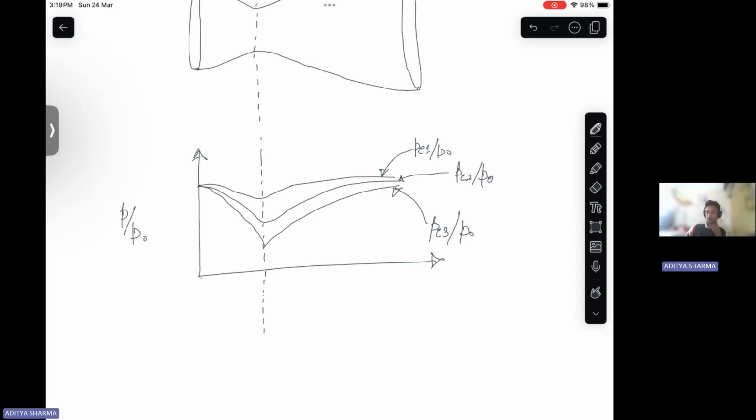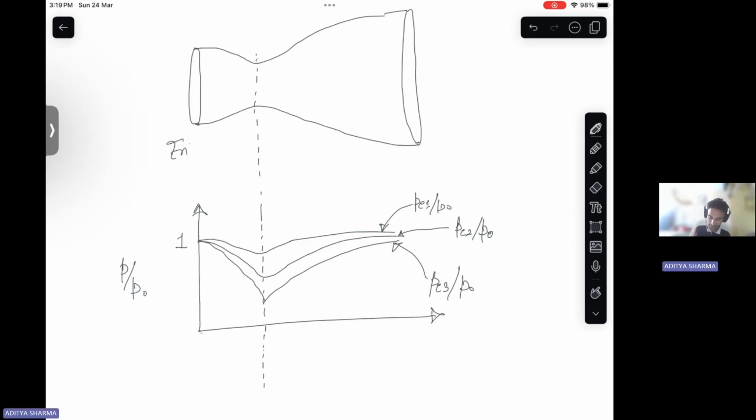PE3 is less than PE2, right? And PE2 is less than PE1, right? So it starts at the entry. This is our exit. At the entry, P by P naught is 1, so the static pressure and the total pressure are the same at the entry. But this is the convergent section, right?